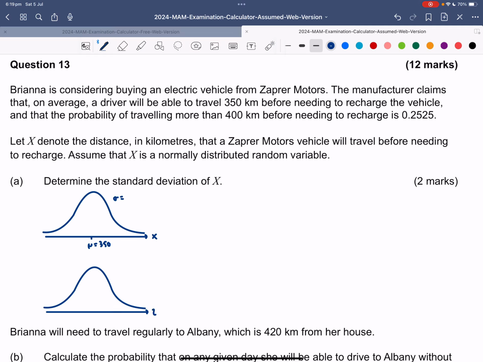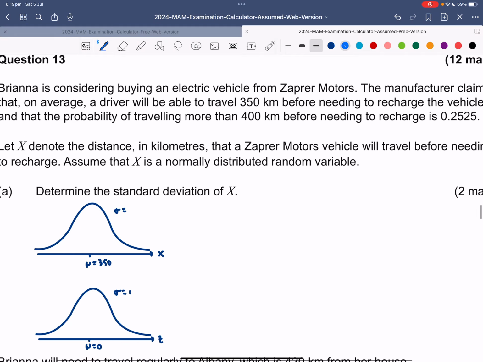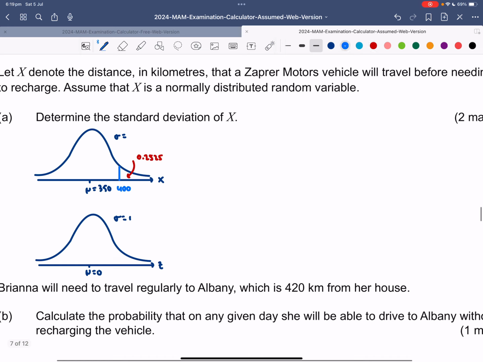But then we do a z-score. If we do a z-score, the mean is 0 and the standard deviation is 1. And we know that the probability of traveling more than 400 kilometers before needing recharging is 0.2525. So 400 is somewhere over here, and the corresponding probability here is 0.2525. If I do z-scores, we replicate this right here.